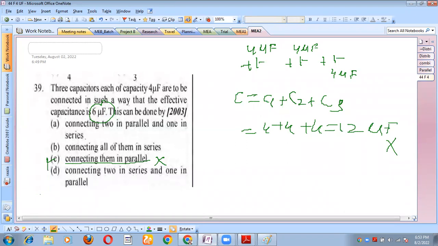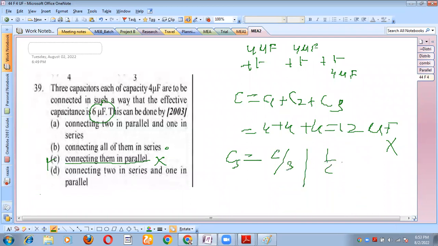Now see option B. What it says, connect them all in series. So we know that in series combination, if there are n number of identical capacitors, each of capacitance C, then with 3 capacitors in series the equivalent capacitance becomes C by 3.